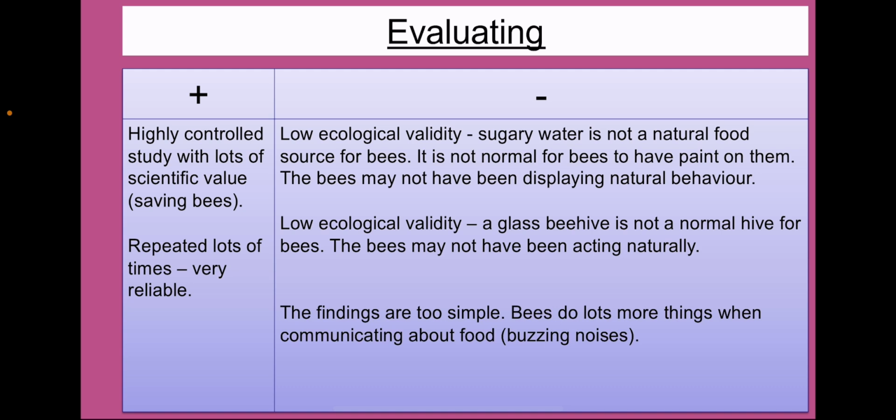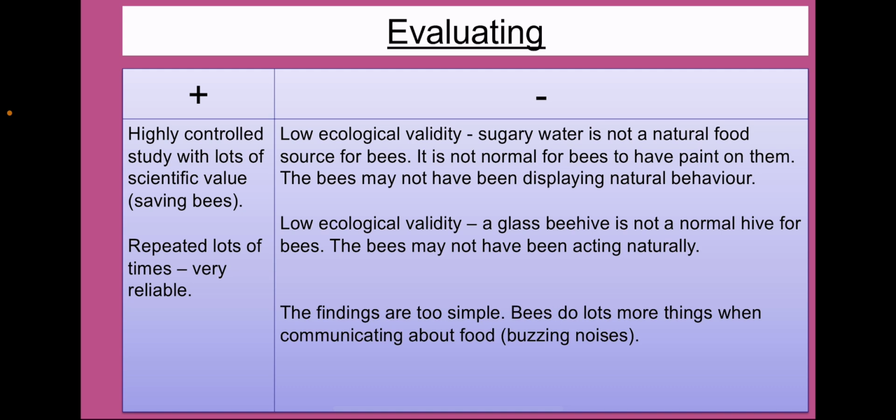They're dancing in a certain direction. They're making different buzzing noises and vibrations, and we would assume that these are indicating more information about the location of food. So maybe the communication about food is more complicated than just the dances. So maybe there's more to it that von Frisch didn't quite find out. But lots of evaluations there.